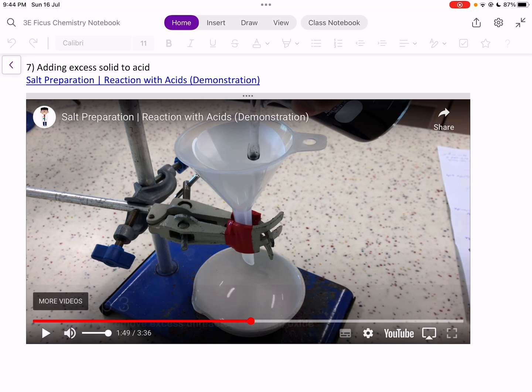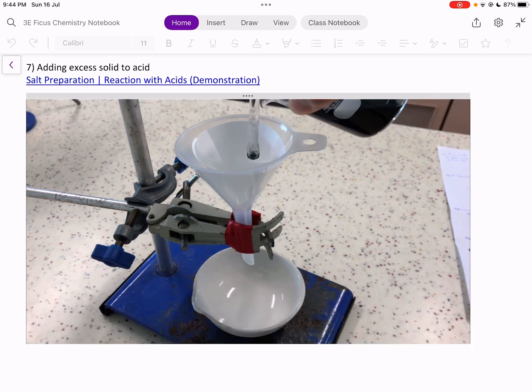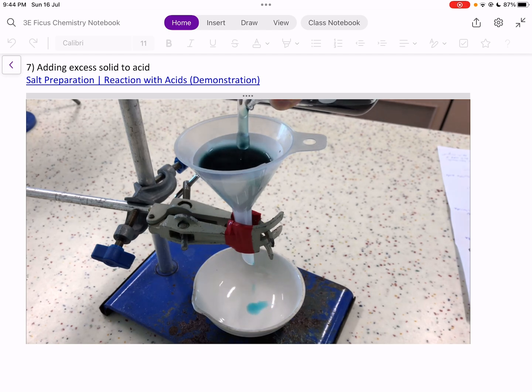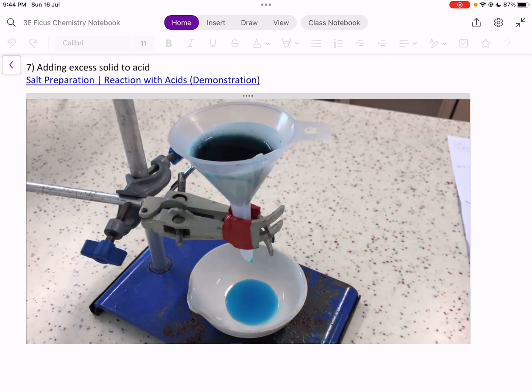Once it's in excess, you will have to filter out the excess solid. What you want is the filtrate itself.